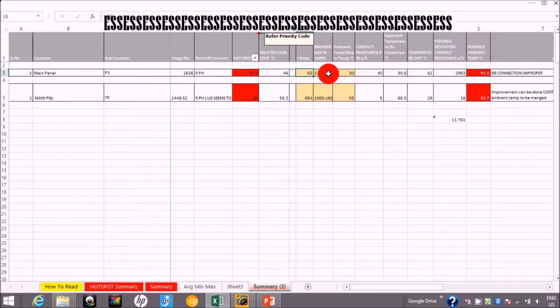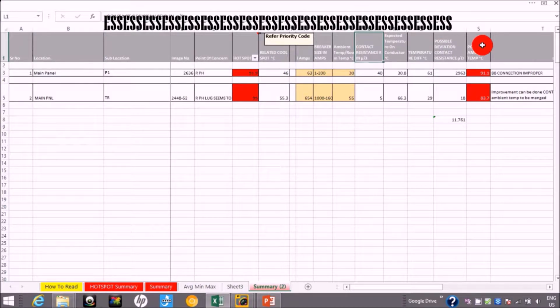Again, as I said, what we have to write is the current that is flowing, then the breaker size. Depending on the breaker size, here if you see, the contact resistance will change. Now this is the ambient room temperature. This value also you have to enter manually.